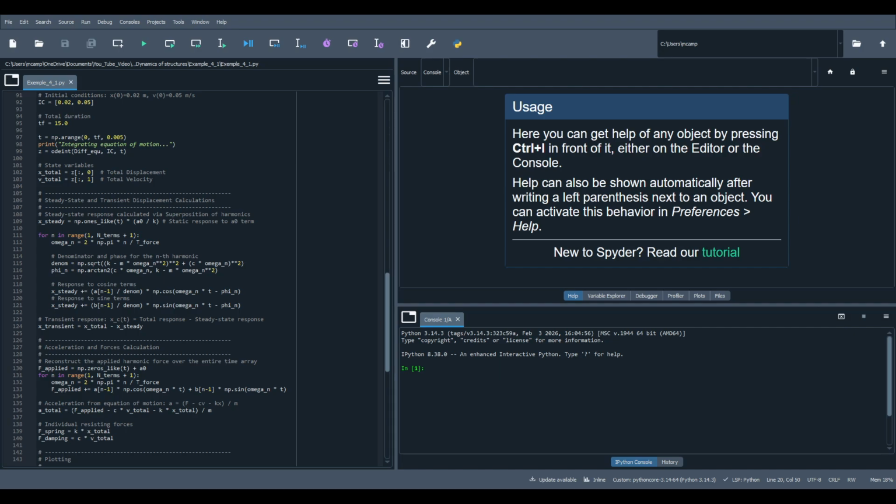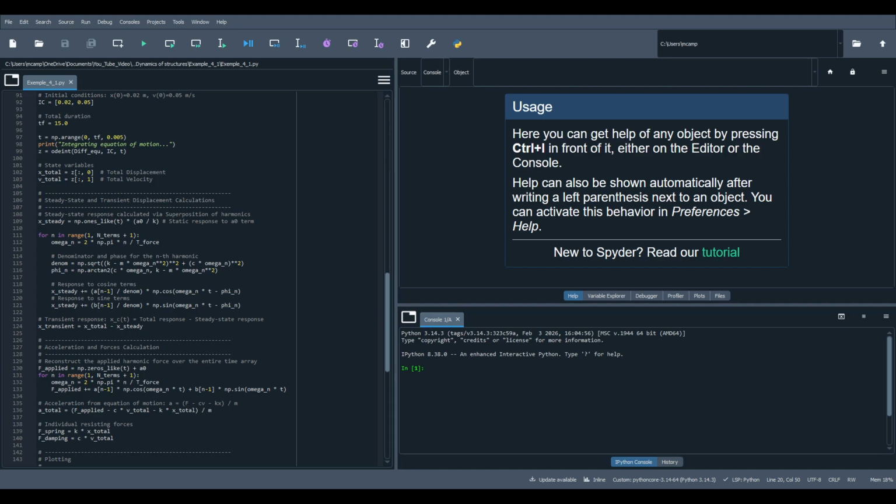X steady equals np ones like t times A0 divided by k, which is the static response to the A0 term, and then a for n in range loop through the harmonics to calculate the dynamic steady state response analytically via superposition.